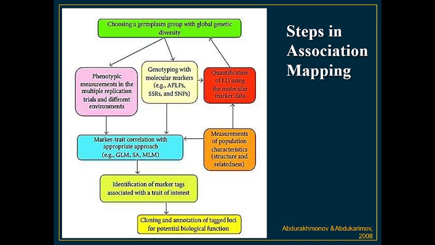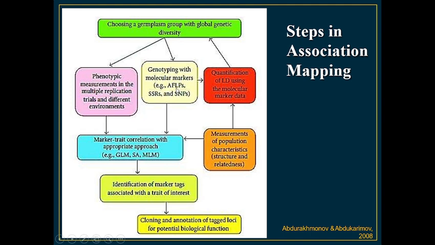So what are the steps in association mapping? You need phenotypic data in the form of replications, or you can calculate a mean from those replications. You can have data from multiple traits and multiple environments or years. That will be good, and it will also give us reliable results.